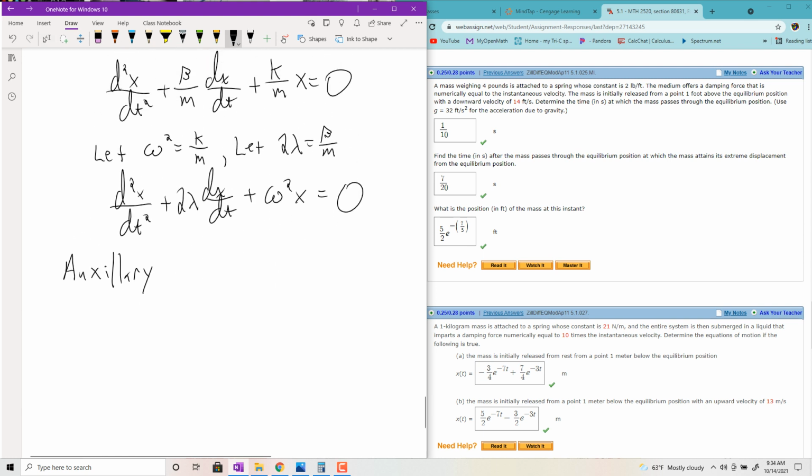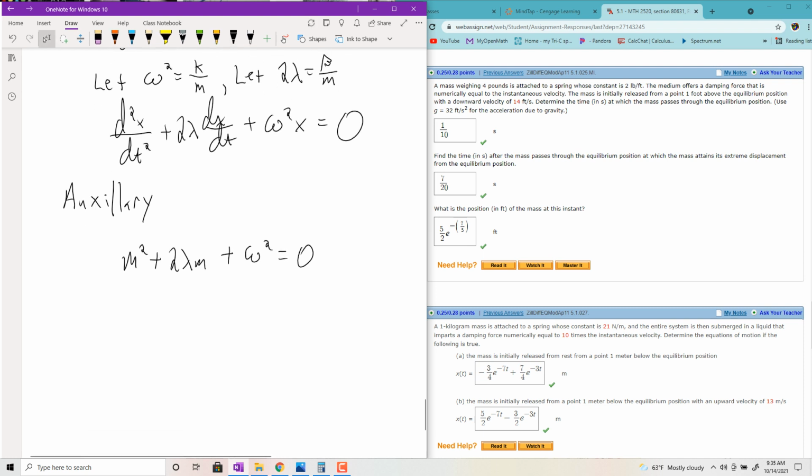It'll all come down to the discriminant. So in particular, we want to look at the discriminant in these cases. So again, the auxiliary equation will have m squared plus 2 lambda m plus omega squared is 0. And so we'll have m equals negative 2 lambda, negative b, plus or minus the square root of b squared, which is 4 lambda squared, minus 4 times a, which is 1, times c, which is omega squared. And that'll be all over 2 times a.